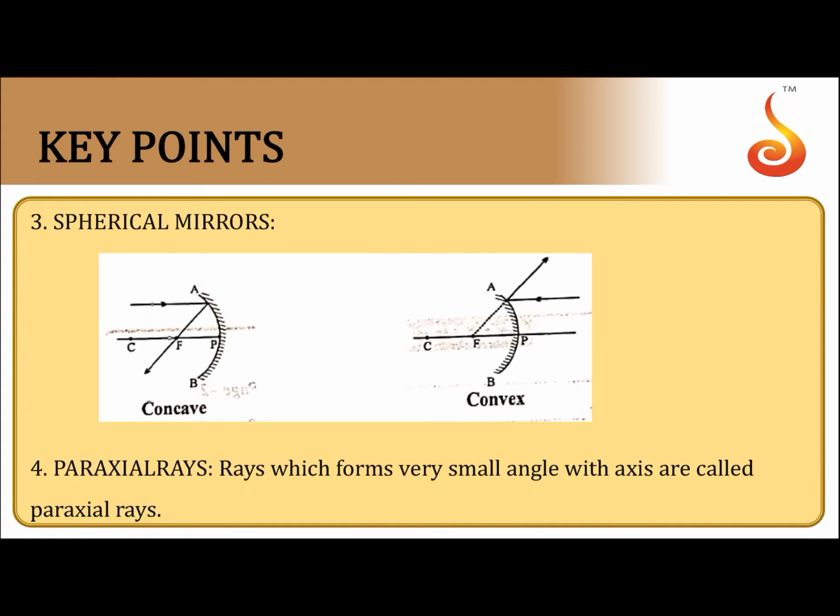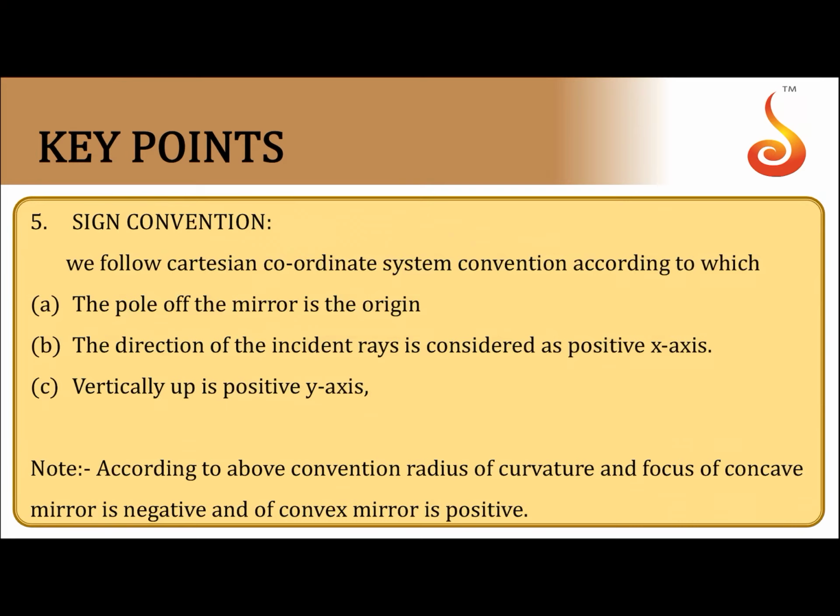Now come to spherical mirrors. Paraxial rays are those rays which make a very small angle to the axis. In our discussion, we always consider paraxial rays, and we follow a sign convention also. The sign convention is nothing but introducing a Cartesian coordinate system.